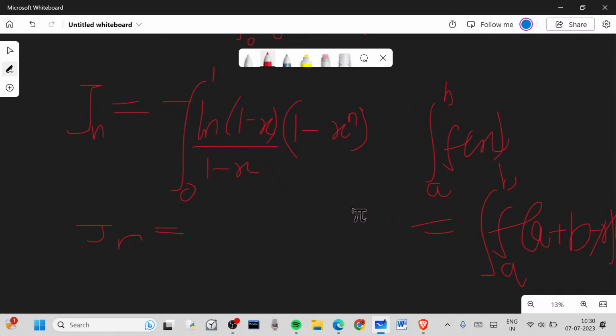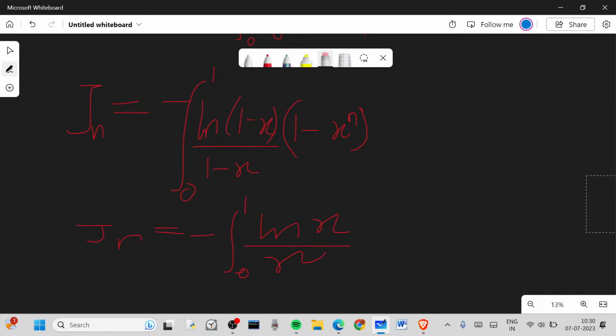Sorry, a plus b minus x, my bad. So basically we can put 1 minus x in place of x. So it's minus the integral from 0 to 1 of ln x by x and 1 minus (1 minus x) to the power n.